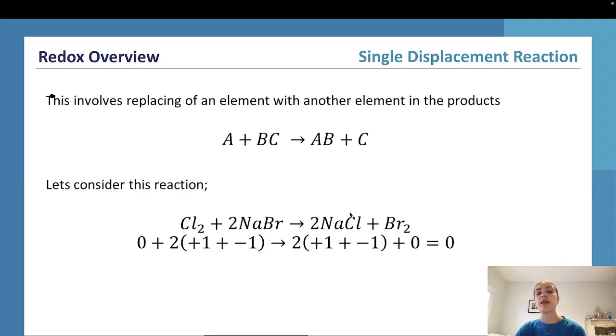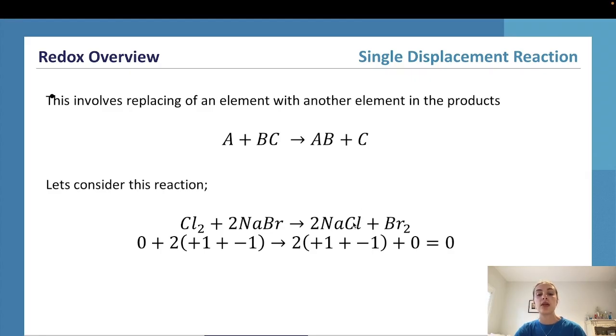We can then see in our products that we've got sodium chloride. So following our rules again, we go to rule number 3, which tells us that sodium is going to have its charge of +1 because it's in group 1 of the periodic table and it's a group 1 metal.